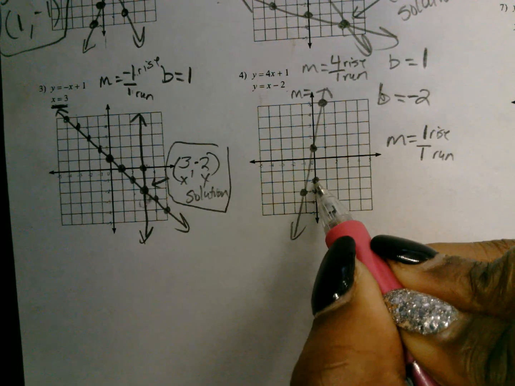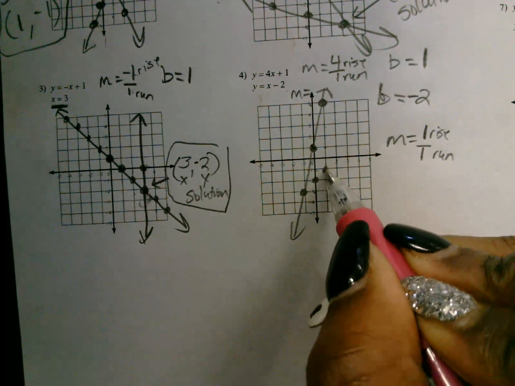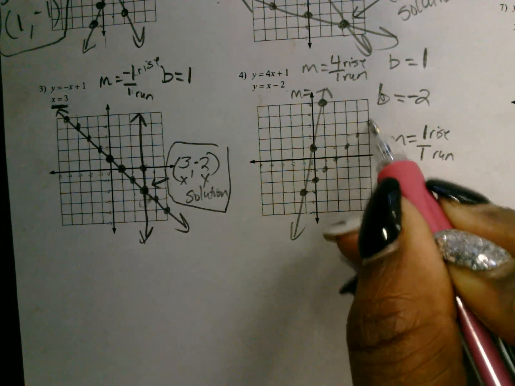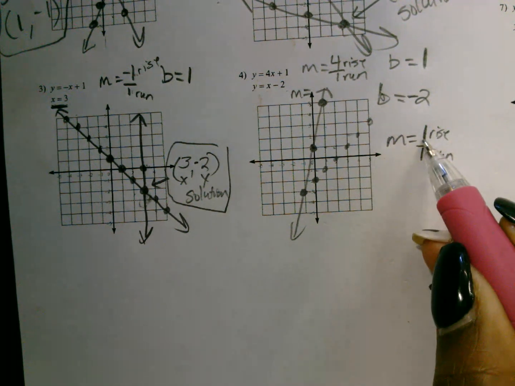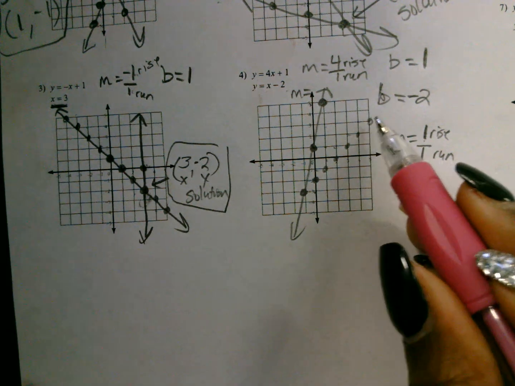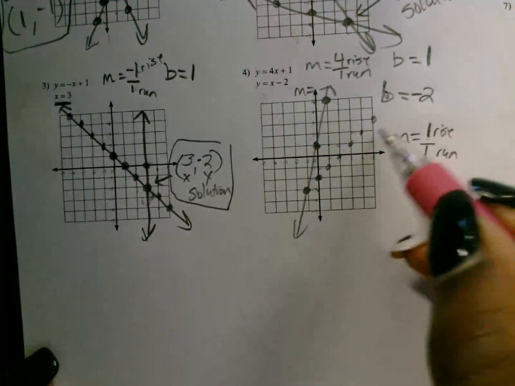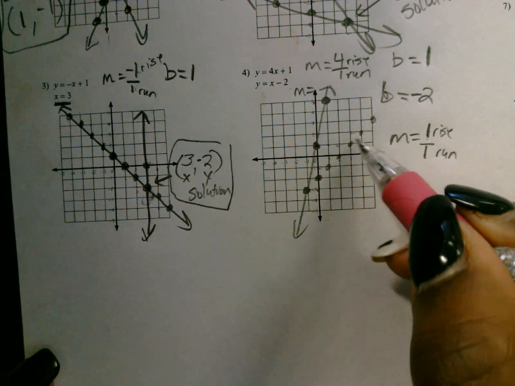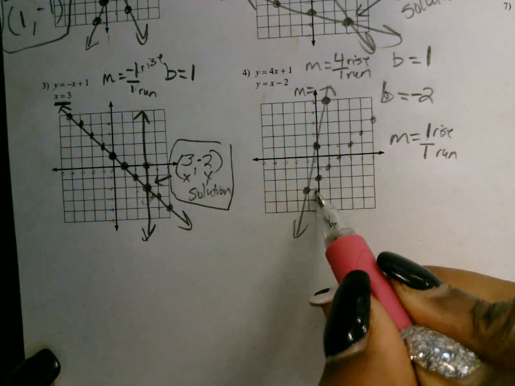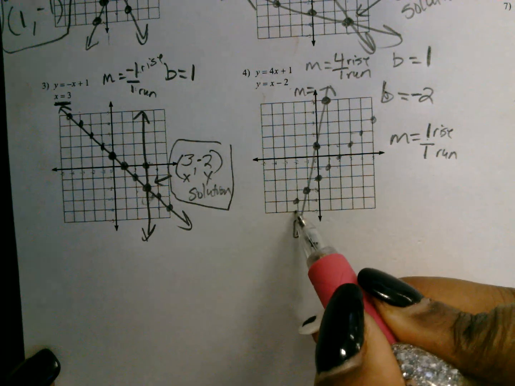And we're going to go up 1, right 1, up 1, right 1, and so on. Because rise is +1, that's up 1. Run is +1, that is to the right 1. Opposite direction, down 1, left 1, down 1, left 1, if you want points in the opposite direction.